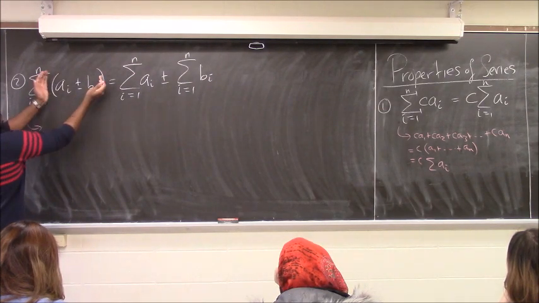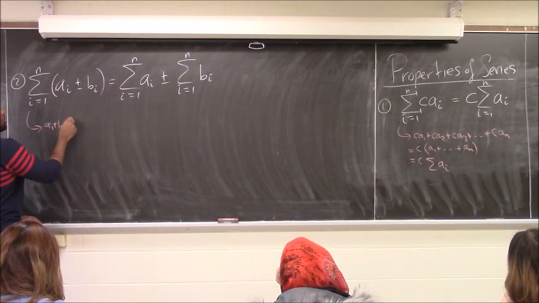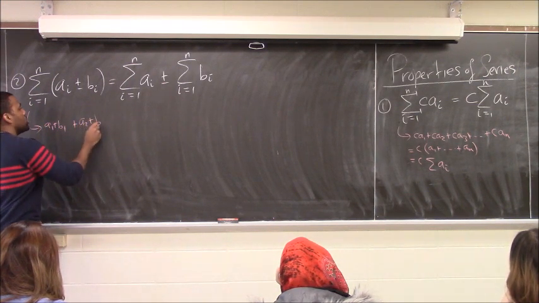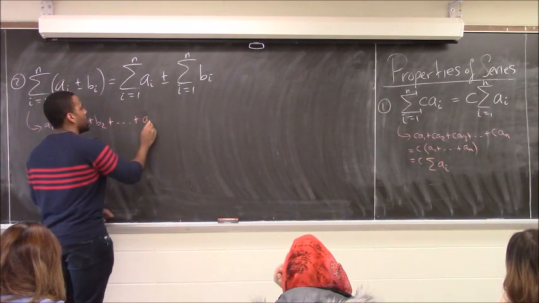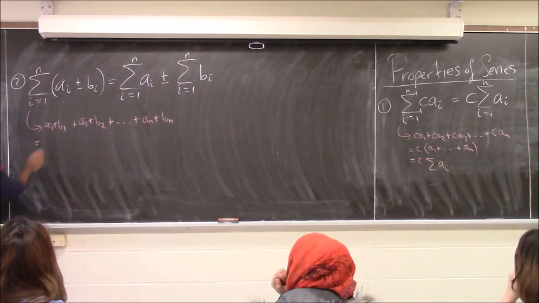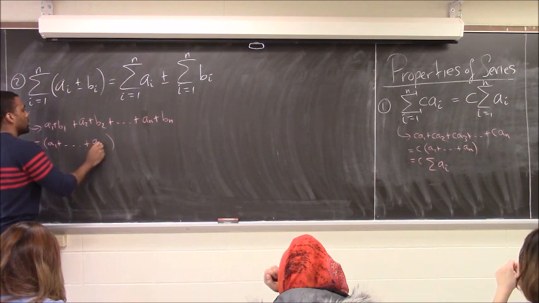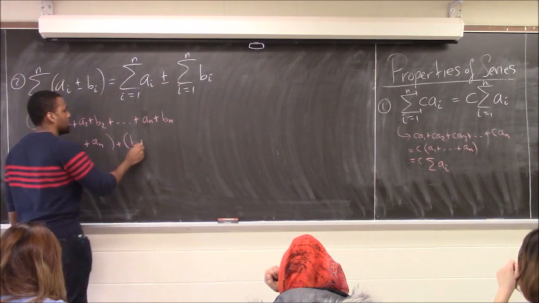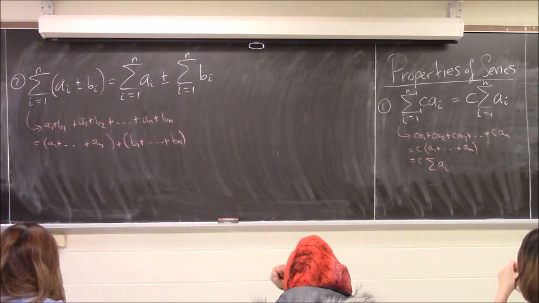If I'm adding up a bunch of things that look like this, for example, so that means I'm adding a_1 plus b_1, then I'm adding a_2 plus b_2, then I keep adding, all the way up to a_n plus b_n. Clearly, since addition is commutative, I can choose that I'm going to add all the a's first, and then add all the b's last. Because I can keep rearranging the sum.